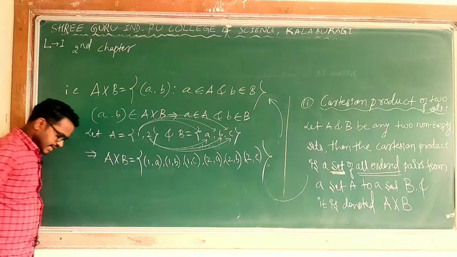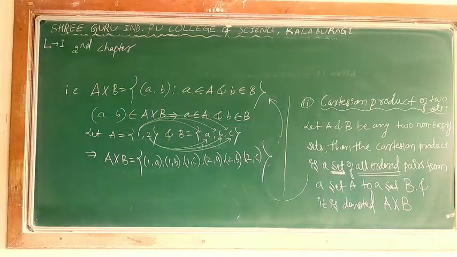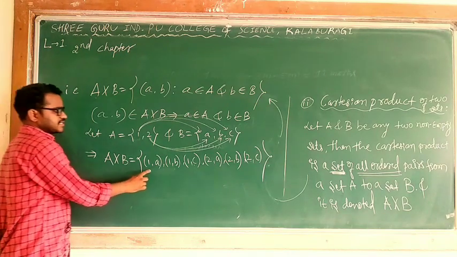There are 6 possible ordered pairs, because A has 2 elements and B has 3 elements. So I will get 6 ordered pairs.